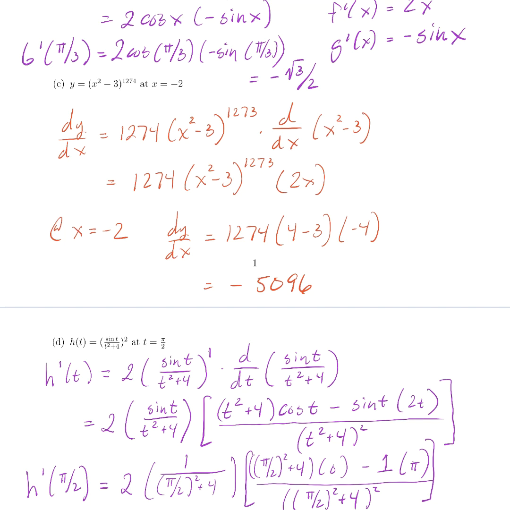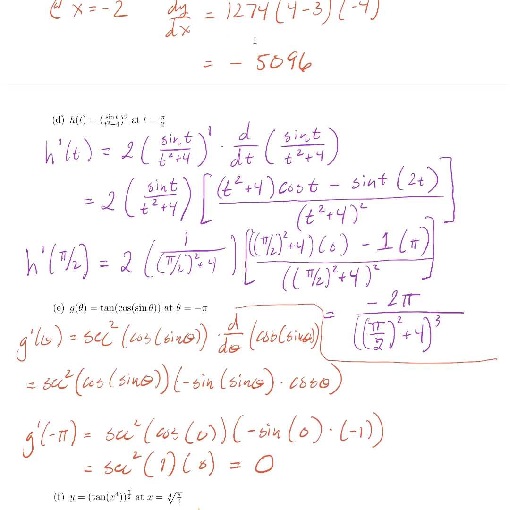But because the inside function is not x alone, the chain rule says we need to multiply by its derivative, the derivative with respect to x of x squared minus 3. That derivative is 2x. Now we evaluate at negative 2 to find the slope of the tangent line. We get 1274 times 4 minus 3 times negative 4, which is negative 5,096, the slope of that tangent line.